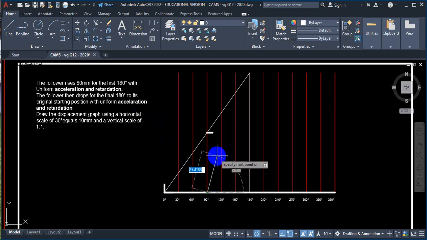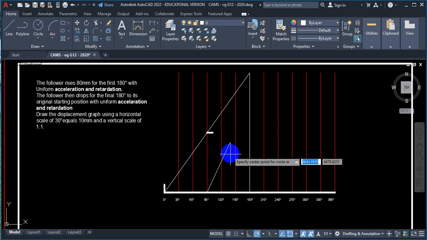In this case, let me draw it like this. Now I've drawn the line at any angle. You will then have to divide this line into 3 equal parts. Why 3? Because I'm using this 1, 2, 3.